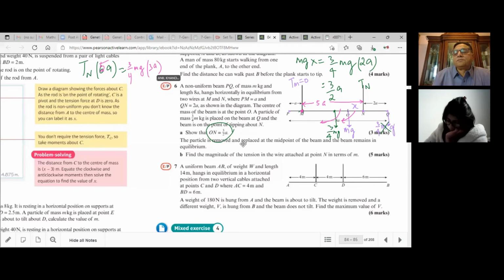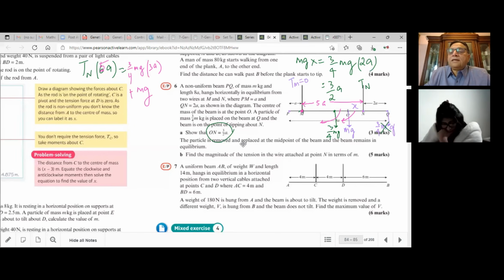Times 3a. Right. And the mass, actually mg, is at O, and we found the value of x, right? X was 3 by 2a, and therefore its distance is 6a minus 3 by 2a.